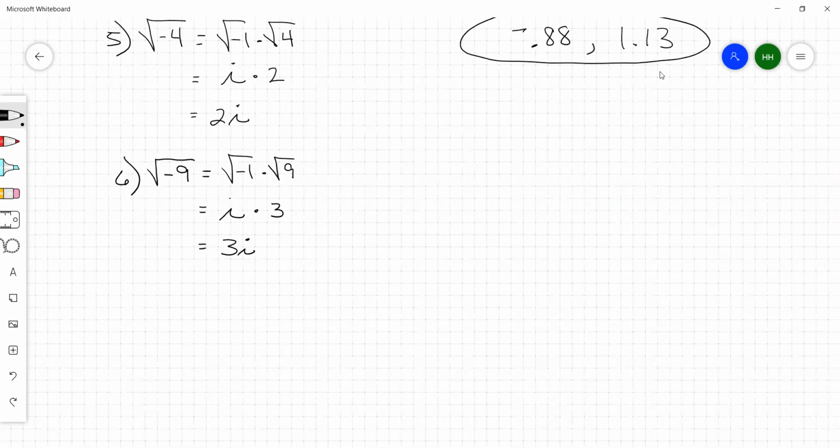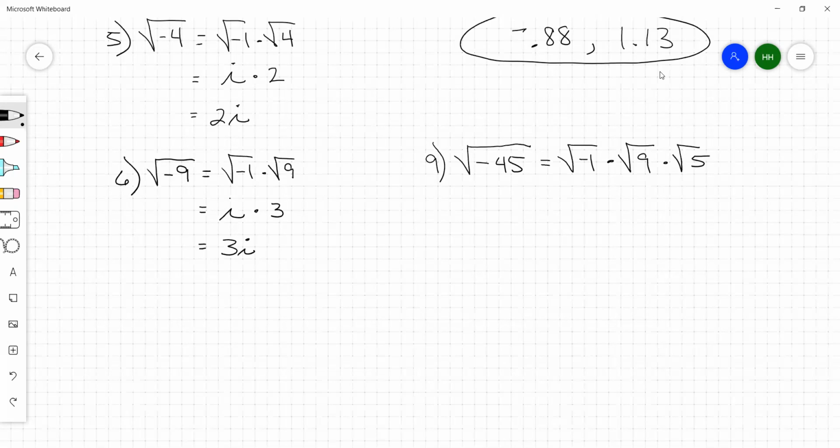So I'm going to move over to number 9, which is the square root of negative 45. The square root of negative 45 is equal to the square root of negative 1 times, you got to factor this 45, all right? And it factors to the square root of 9 times the square root of 5.